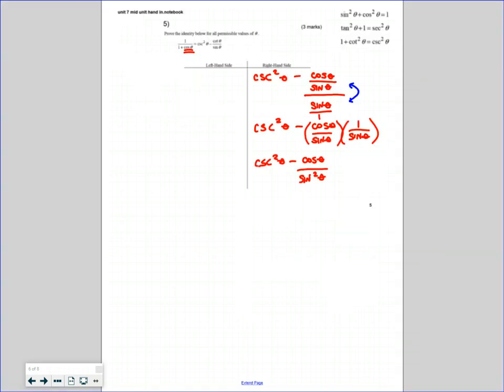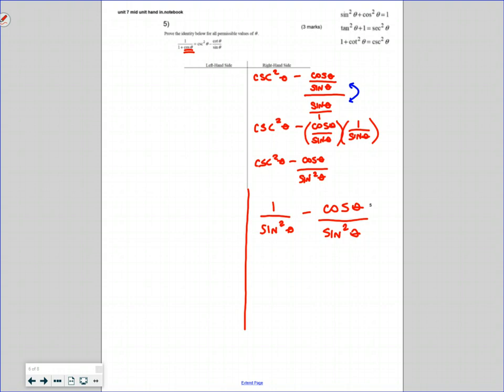Now, continuing on. The left-hand side is in terms of cosine. So on the right-hand side, why not make cosecant squared theta the same as 1 over sine squared theta? Now it'll have the same denominator as the fraction I've just created. And what do we do when we subtract fractions?